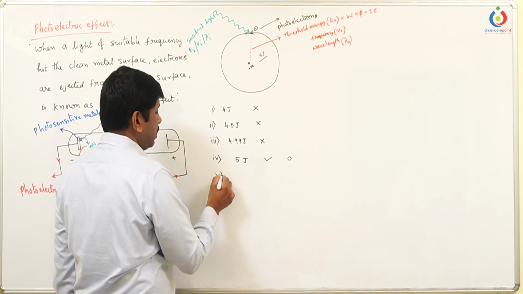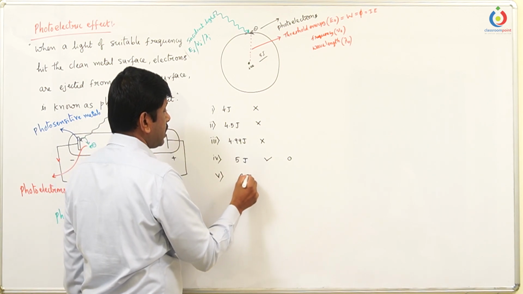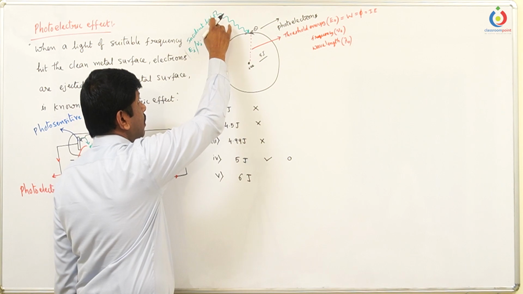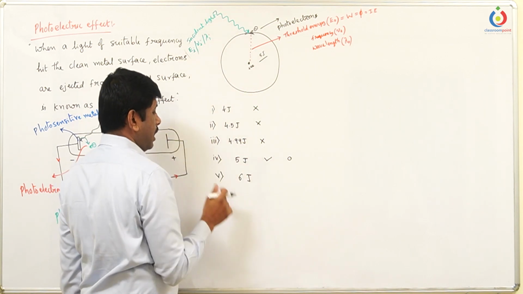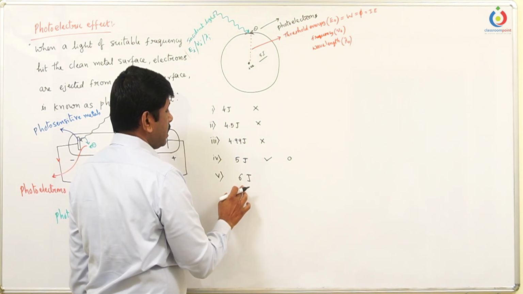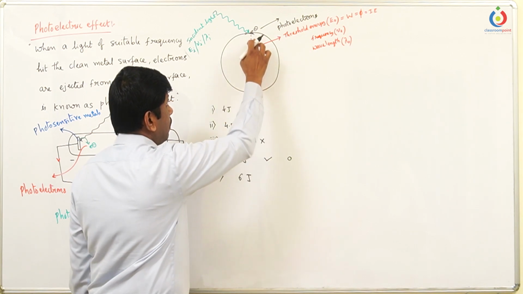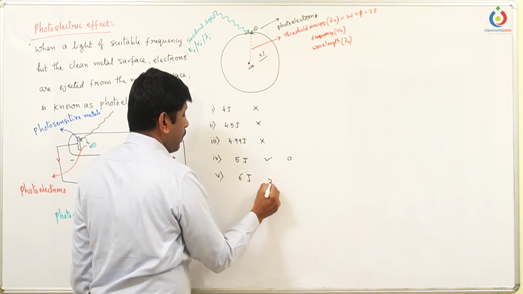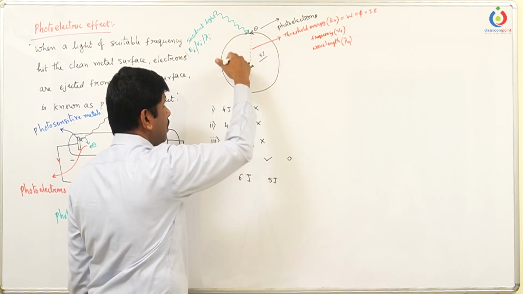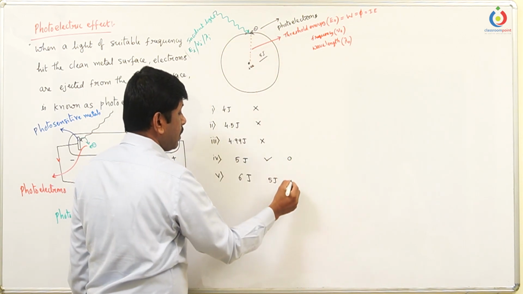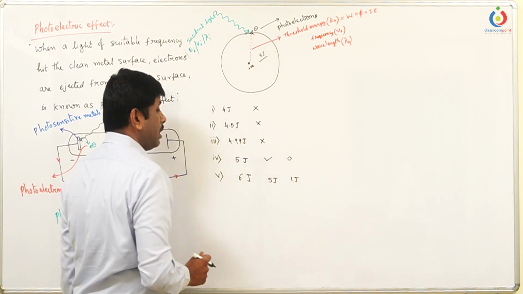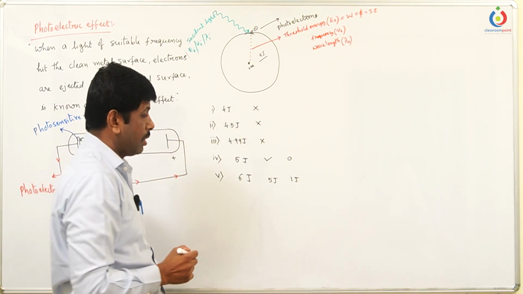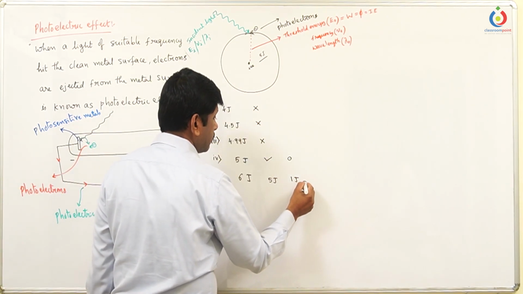Now imagine 6 joules of energy is given, that means the energy of the incident light is 6 joules. Then the electron will take 5 joules to overcome the nucleus attraction power. The remaining 1 joule will be used by the electron to increase its speed. So this is the kinetic energy.